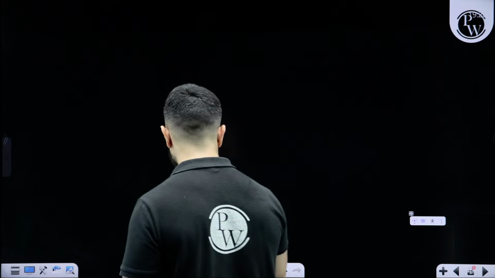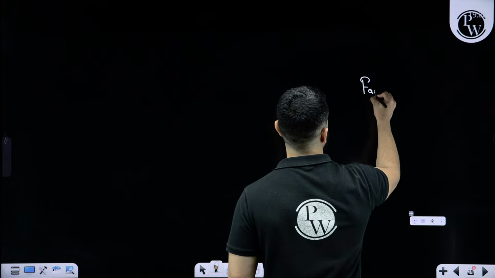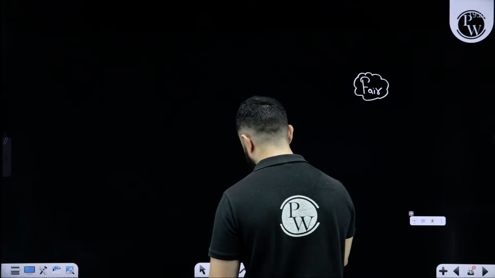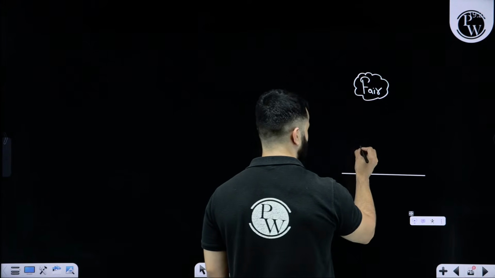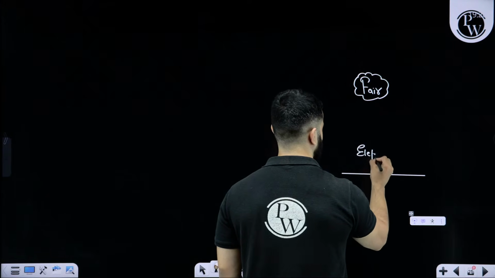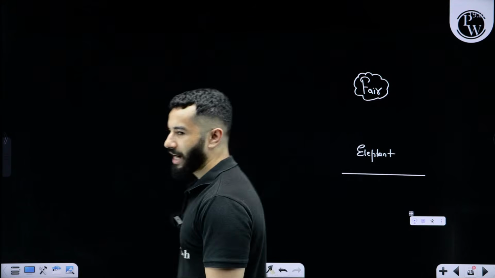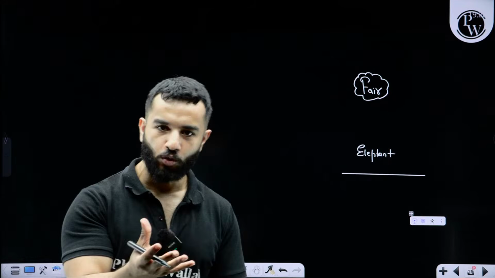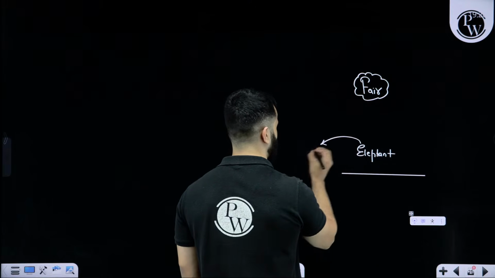In a fair, in Hindi we say Mela, let's suppose we have got an elephant, right? Don't expect me to draw an elephant. Let's suppose we have got an elephant in a fair, and we are asking the people who have come to the fair what is going to be the weight of this elephant.